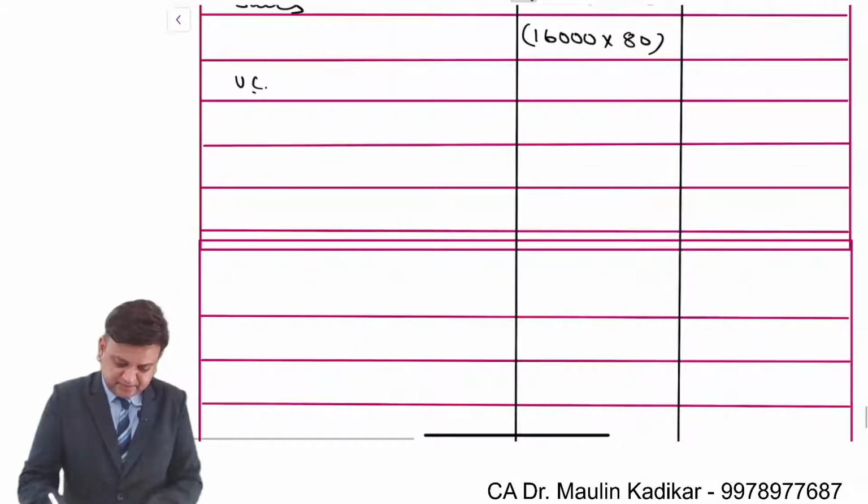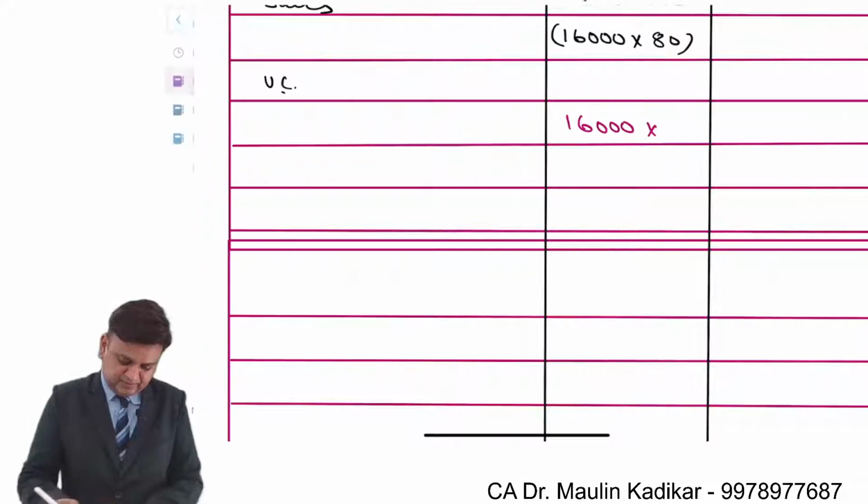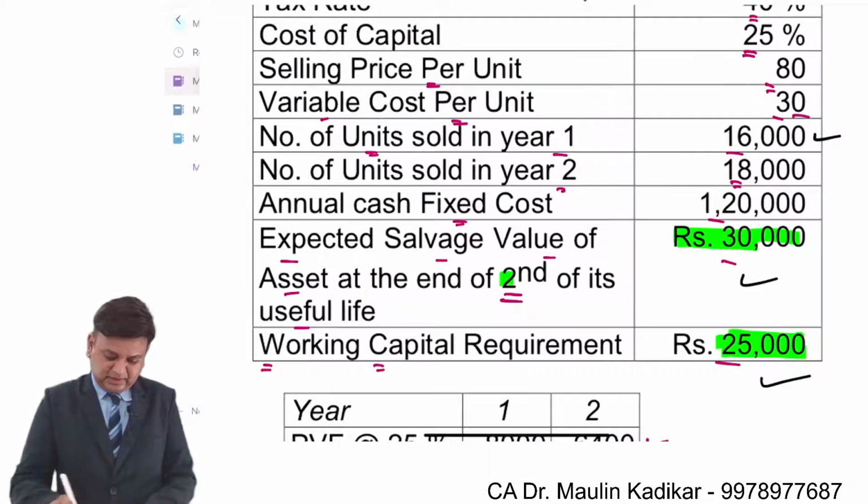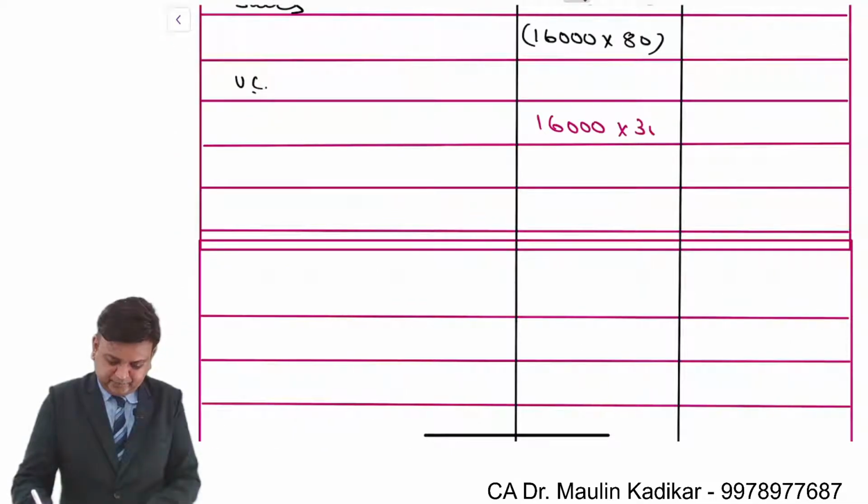Variable cost, again 16,000 units into variable cost of 30, so this comes to 4,80,000.